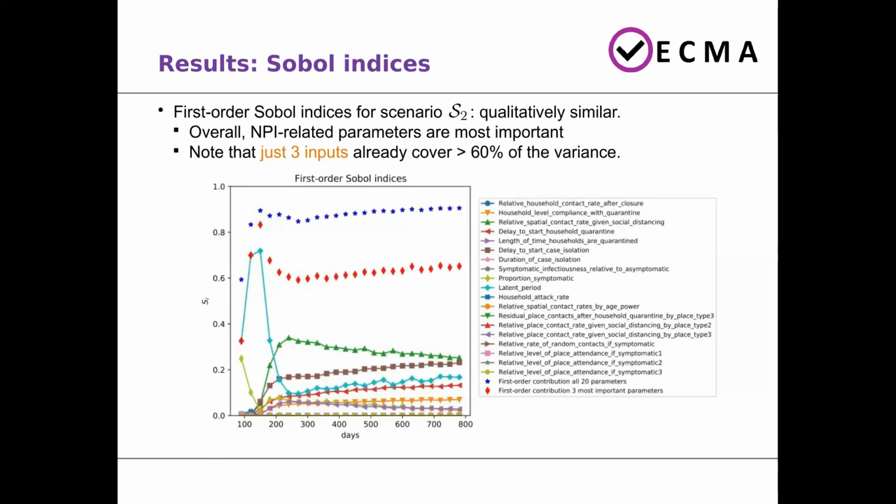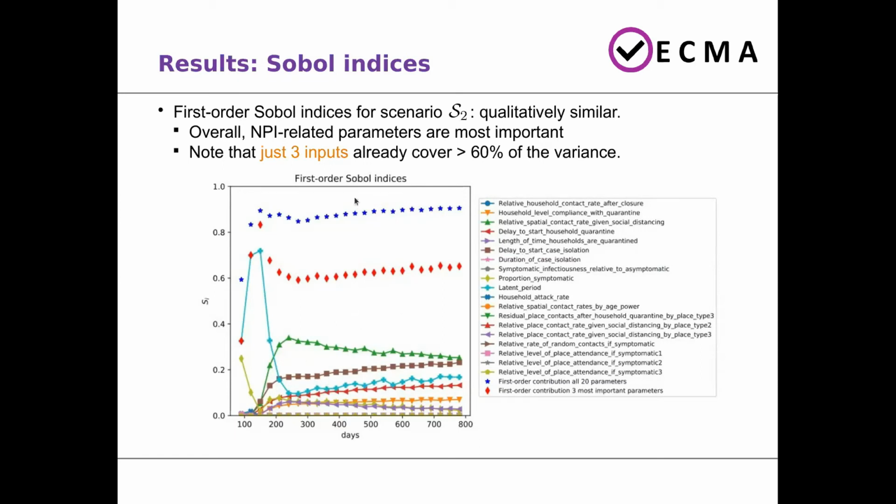Same thing, but for scenario S2. This actually doesn't change much. It's qualitatively quite similar. We computed this for another scenario as well and get the same results. So again, latent period in the beginning, most important, then the contact rate parameter. And thirdly, the delay to start case isolation input.